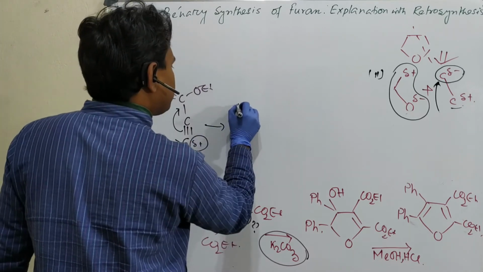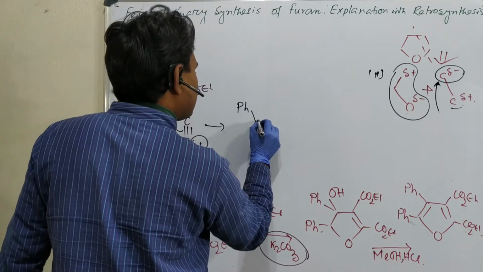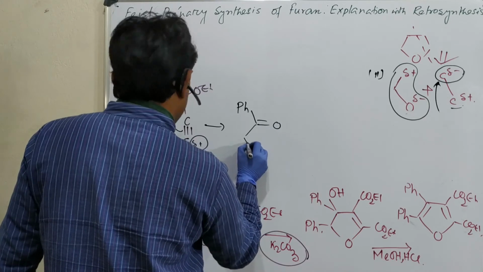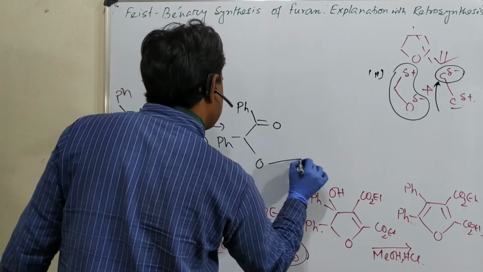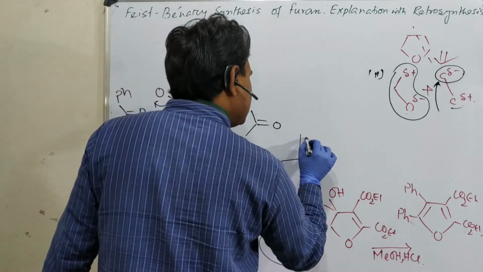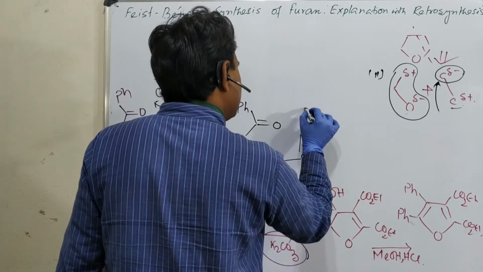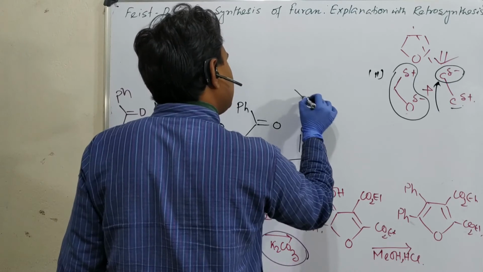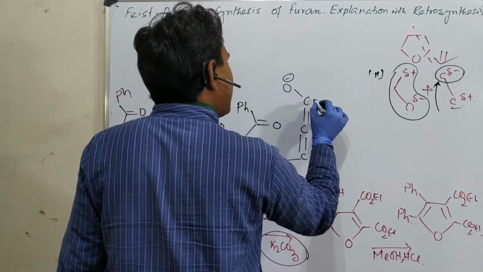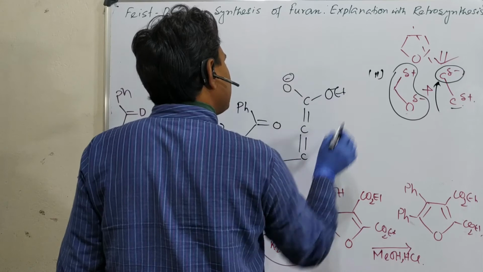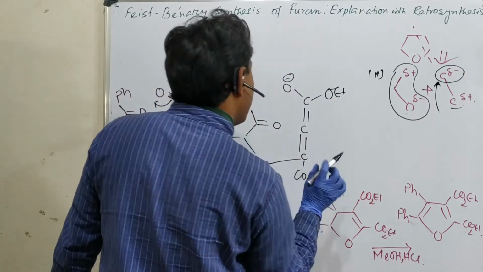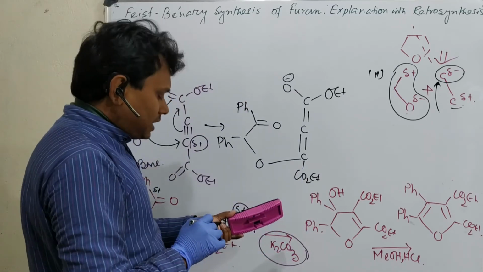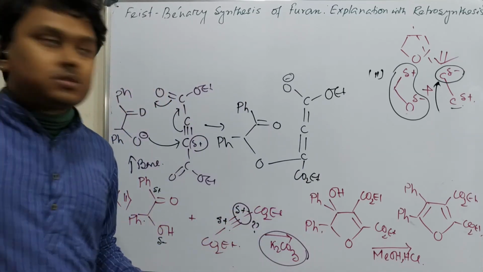It will result in Ph, double bond O, O minus, with C double bond C double bond C, O minus and OEt, and here CO2Et. Now look at it properly. Now the interesting thing appears.